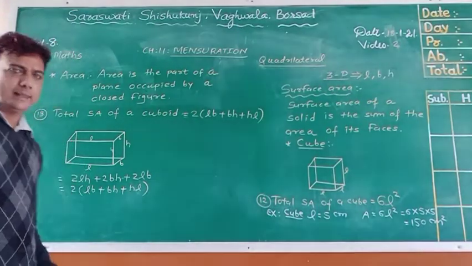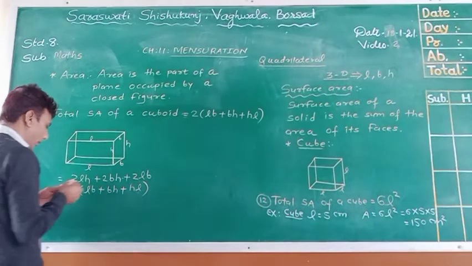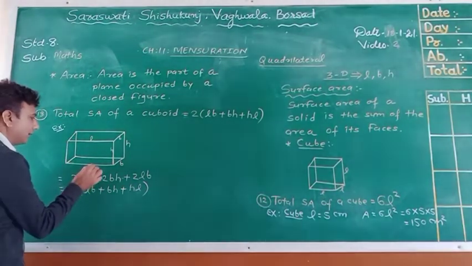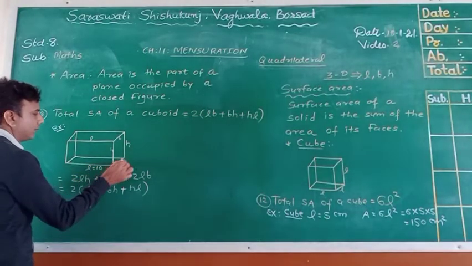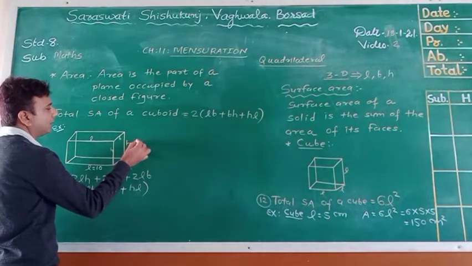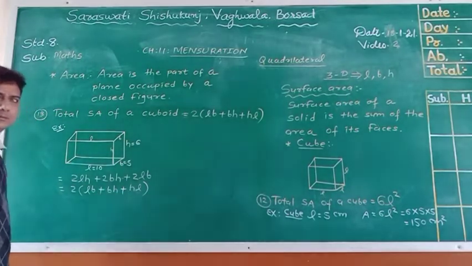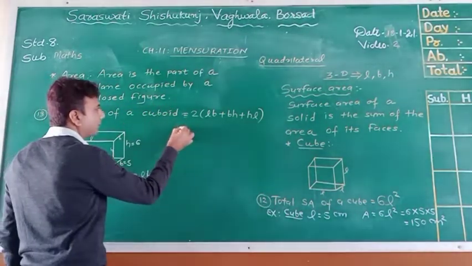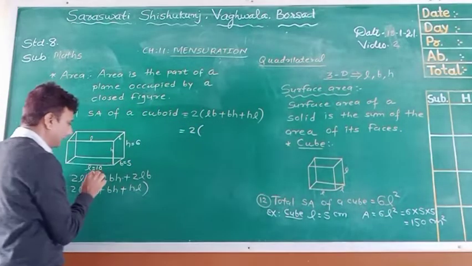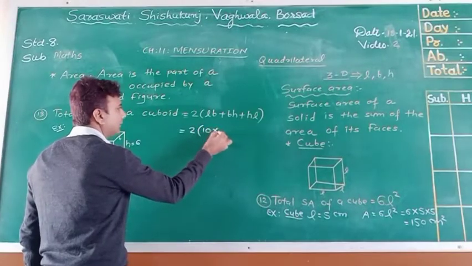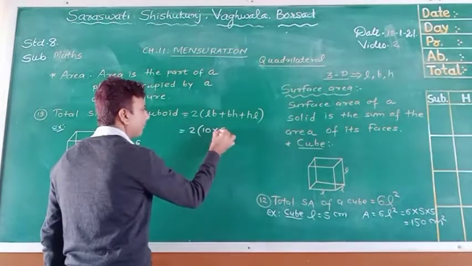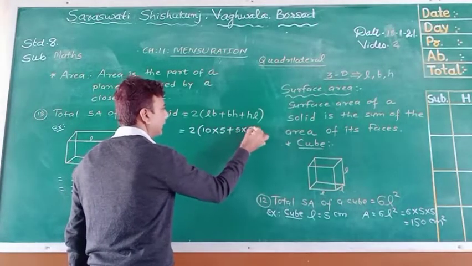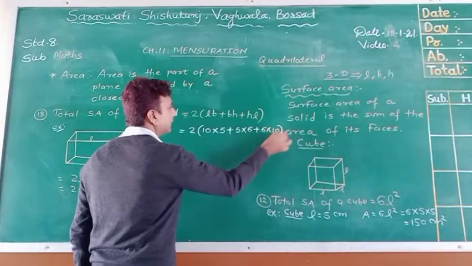So let's see, take here one example. Suppose in this cuboid, length suppose given 10, breadth 5 and height given 6. Okay. Now we want to find total surface area. So we can use this formula 2, length 10 times breadth 5 plus breadth 5 times height 6 plus height 6 times length 10.